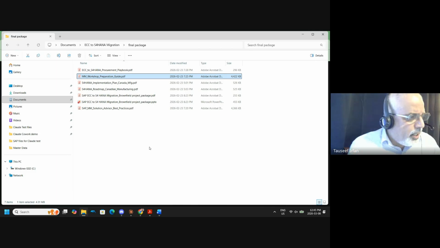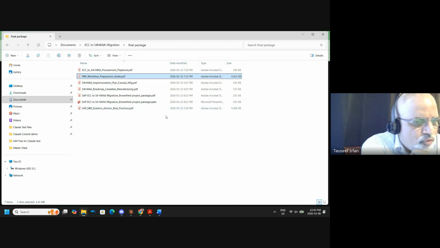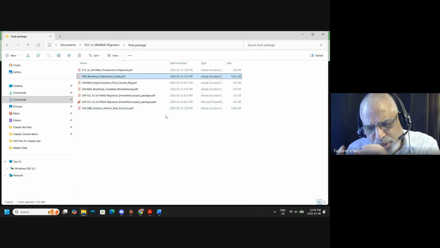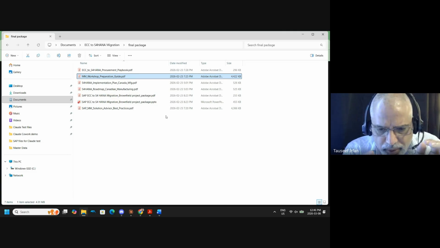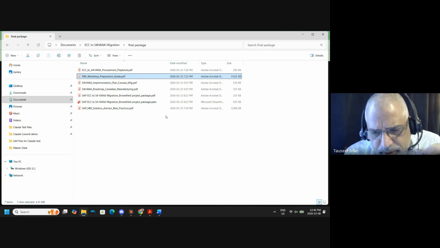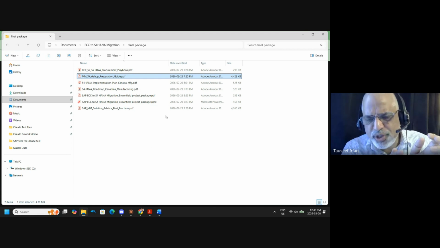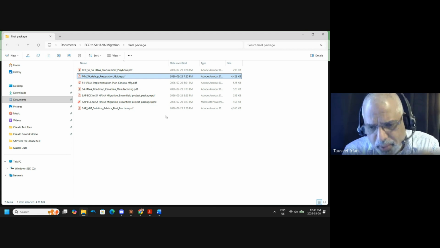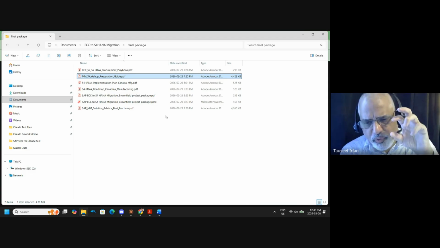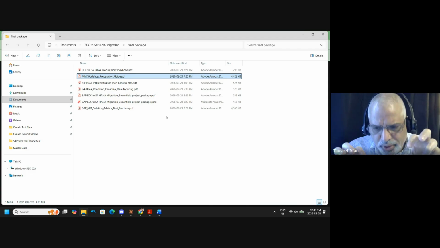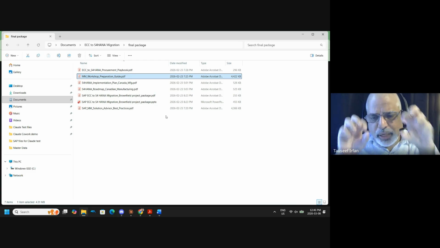So why am I bringing this one? Because in the migration from ECC to S4 HANA, business partner is something not available in ECC. In ECC, we have a vendor master data and a customer master data, two separate tables, two separate data.